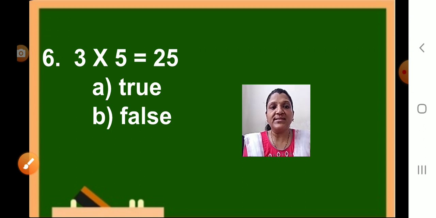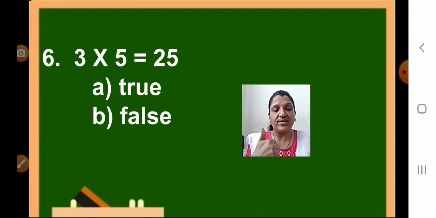Question number 6. Again, it is based on table of 3. 3 5s are 25. So tell me, children, is this correct? Let us say the table of 3. 3 1s are 3. 3 2s are 6. 3 3s are 9. 3 4s are 12. 3 5s are 15.